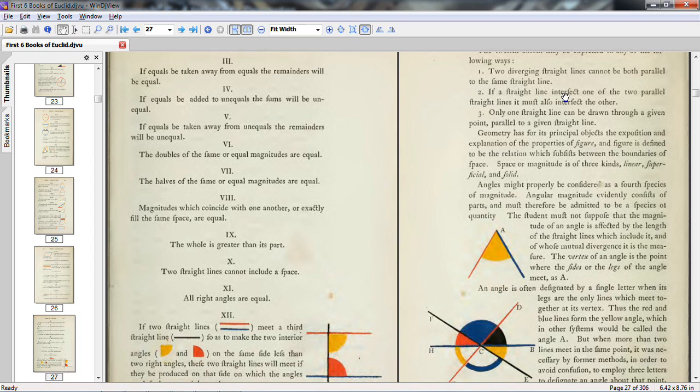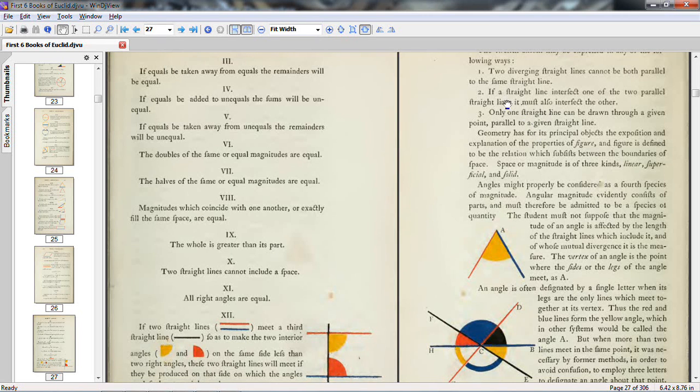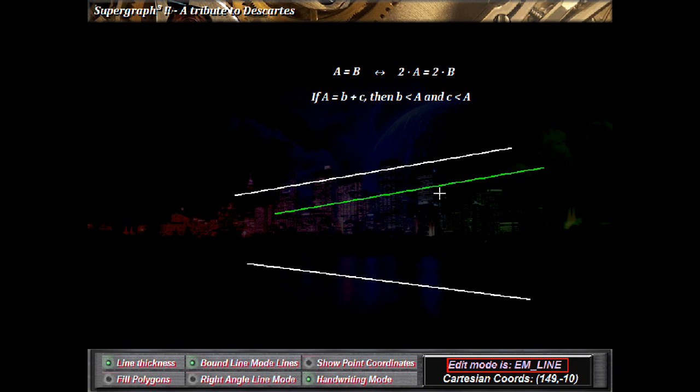If a straight line intersects one of two parallel lines, then it must also intersect the other. So that says one of the two parallel lines must intersect the other.